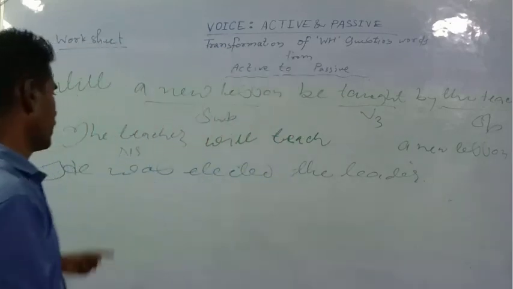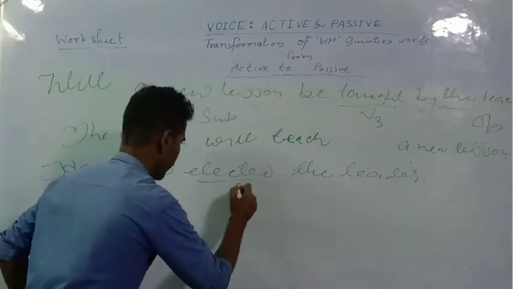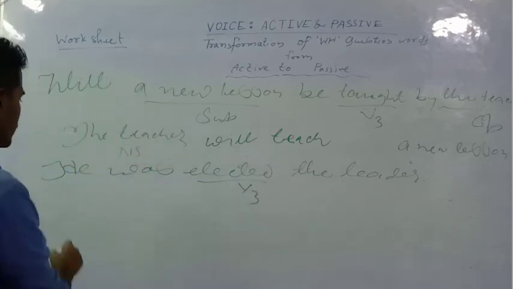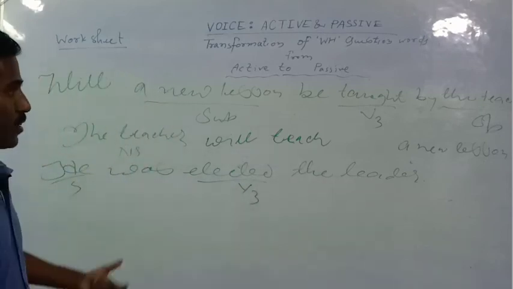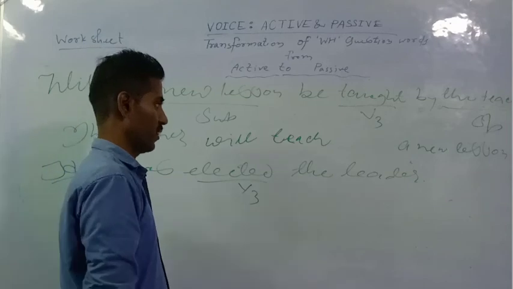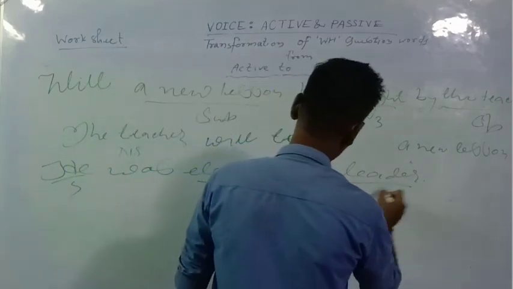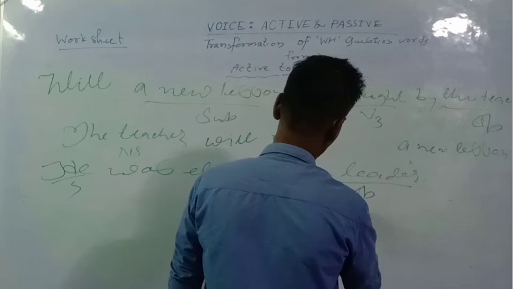Okay, he was elected. Elected is the verb, V3. He is the subject. What elected? Elected the leader, direct object.